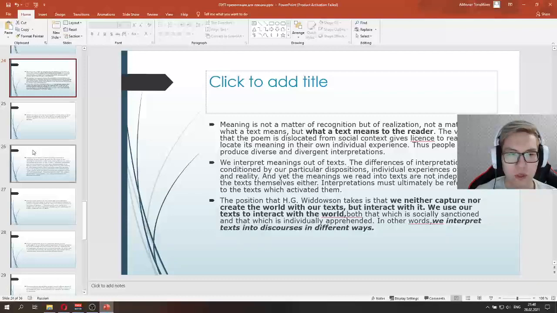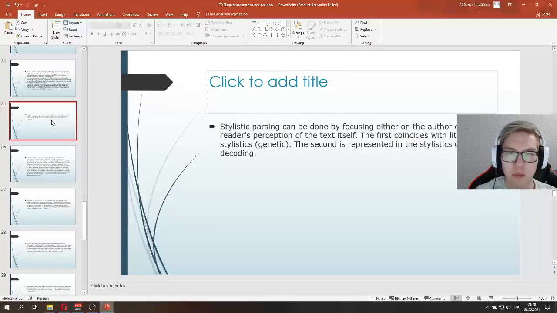In other words, we interpret texts into discourses in different ways. Stylistic parsing can be done by focusing either on the author or on the reader's perception of the text itself. The first coincides with literary stylistic genetic. The second is represented in the stylistics of decoding.